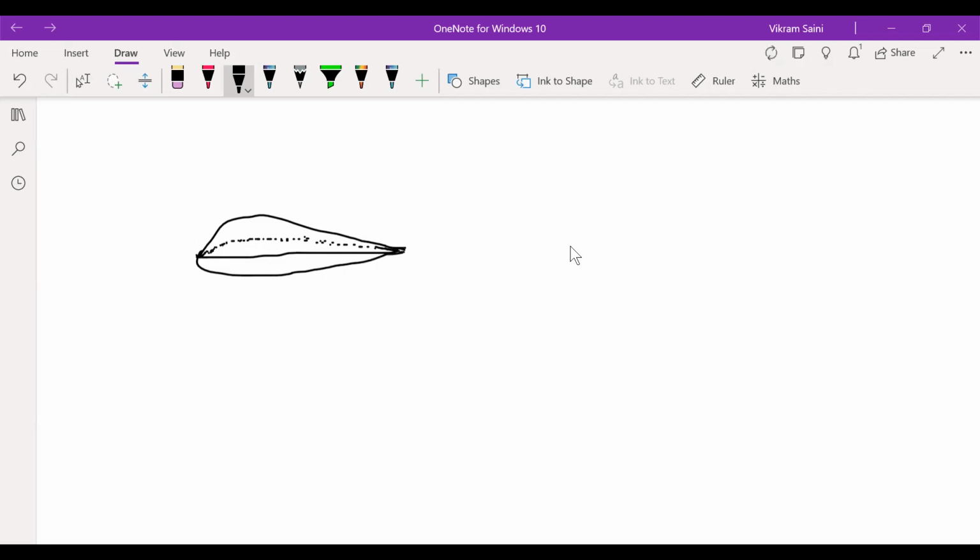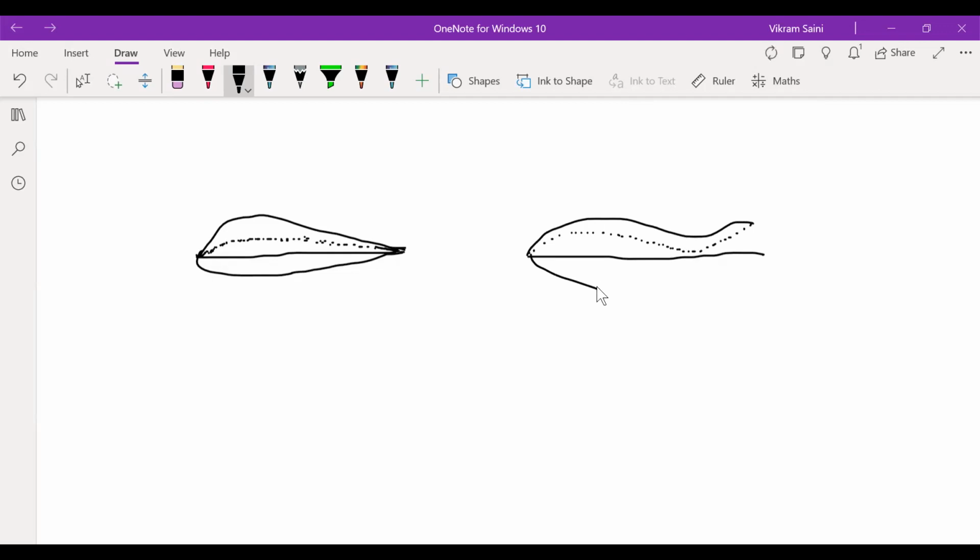Now what happens in the reflexed airfoil, this is your camber line, and let me draw it directly. It drops and then it starts to increase again. So this is different from the usual airfoils, right?